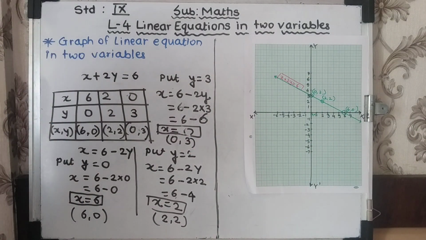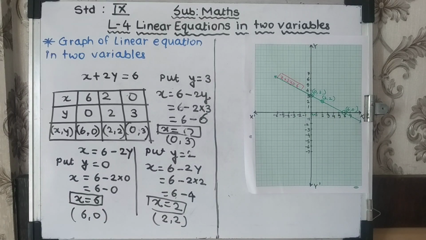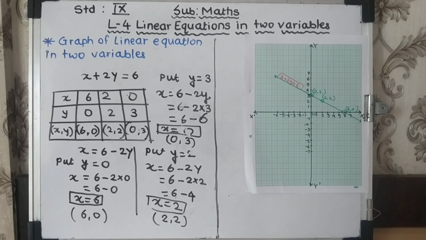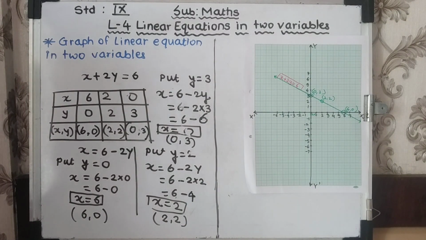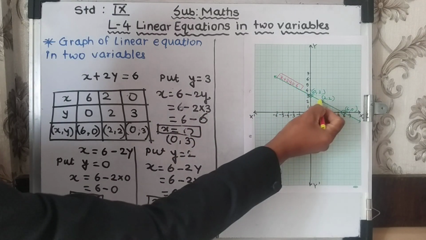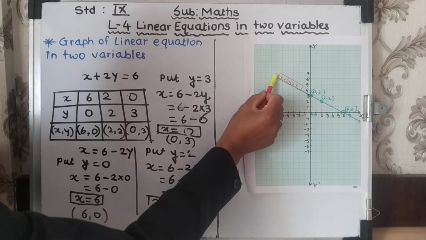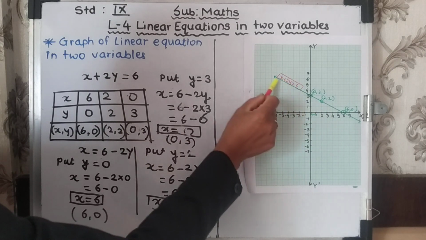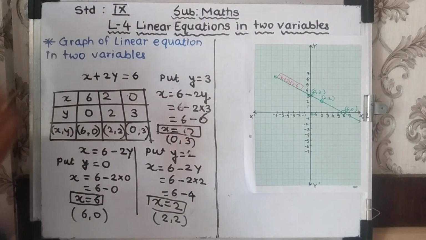So have you got an idea over here? We can conclude from it that the coordinates of a point which satisfies the equation lie on the straight line, right? Those points which satisfy the equation will lie on the line. So for this equation we have infinitely many solutions.